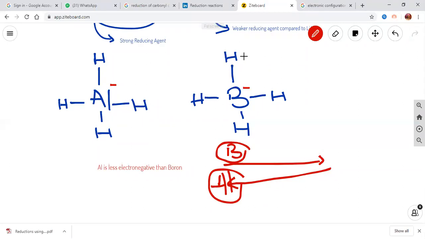And because boron is more electronegative than aluminium, this boron-hydrogen bond is shorter compared to the aluminium-hydrogen bond because of the difference in the electronegativity. So this bond is shorter and stronger.